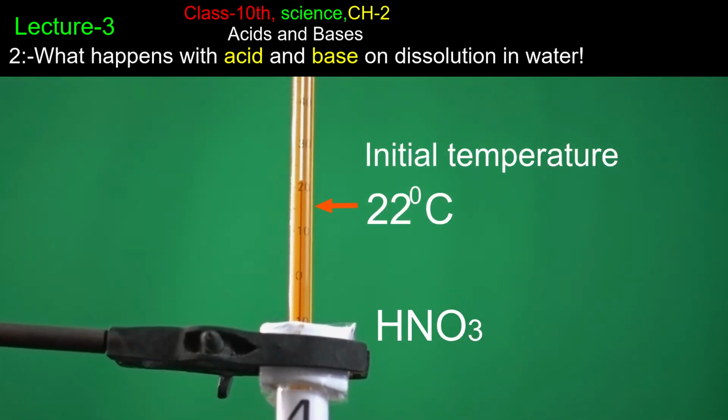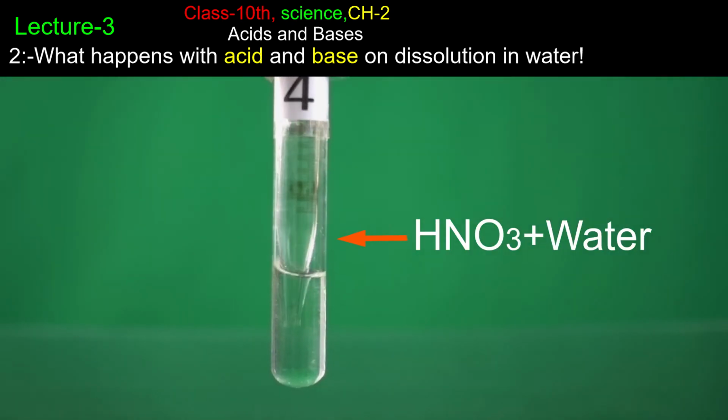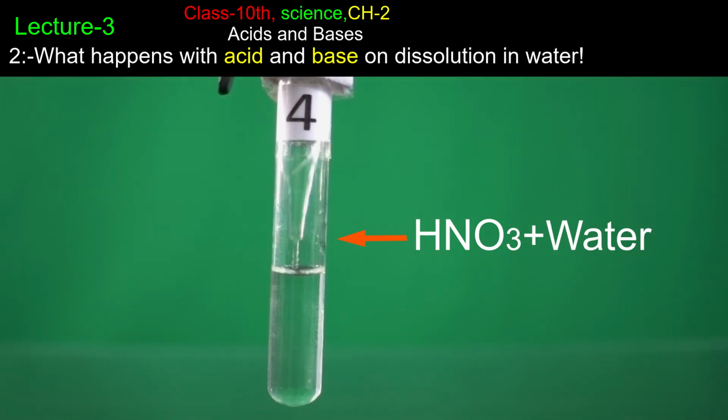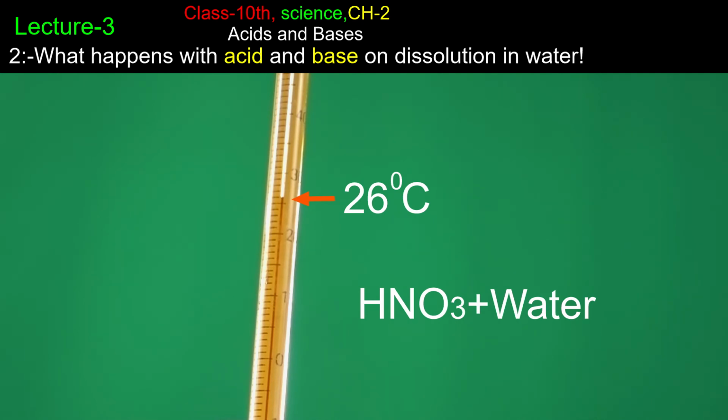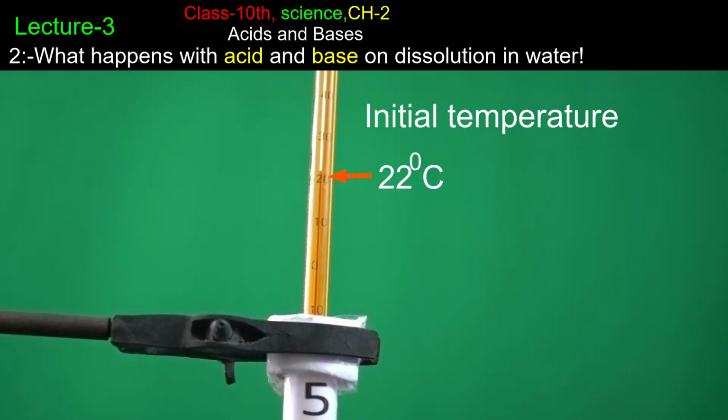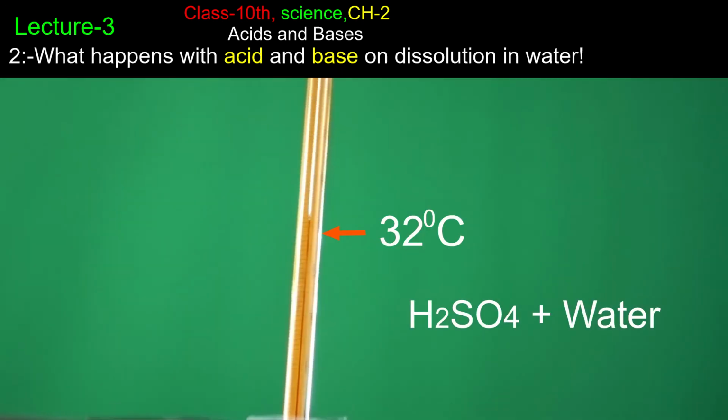Initial temperature 22, water being added, the temperature goes up to 26 degrees Celsius. Next, test tube number 5. Initial temperature 22 degrees Celsius. On adding water, the temperature rises. It goes up to 32. It means maximum heat is evolved when H2SO4 and water are mixed.